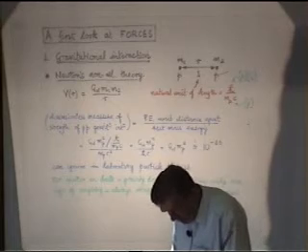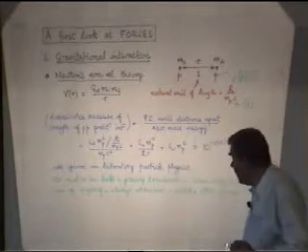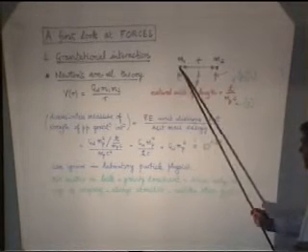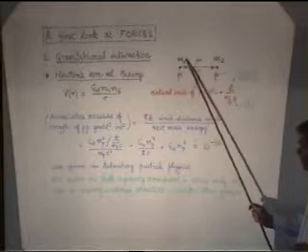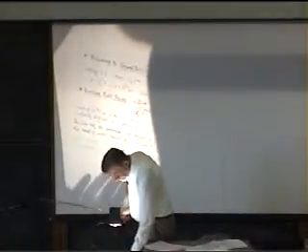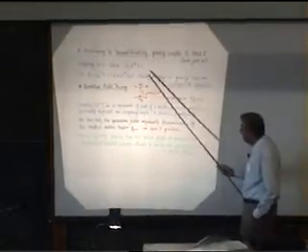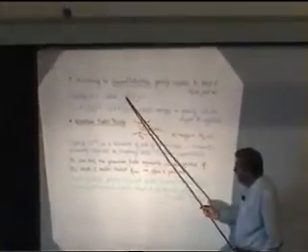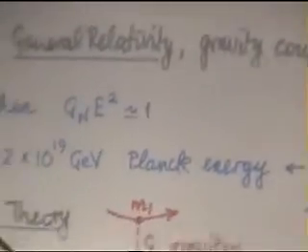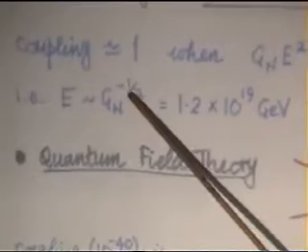But we have to be careful, because we've said here it couples to mass, but really, in general relativity, it couples to energy. So instead of G_N m_p squared, we have G_N E squared. According to general relativity, the coupling will get to the size of 1 when E squared is of the order of Newton's constant to the minus a half.